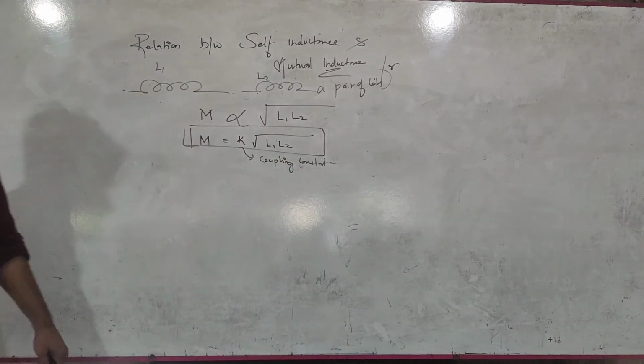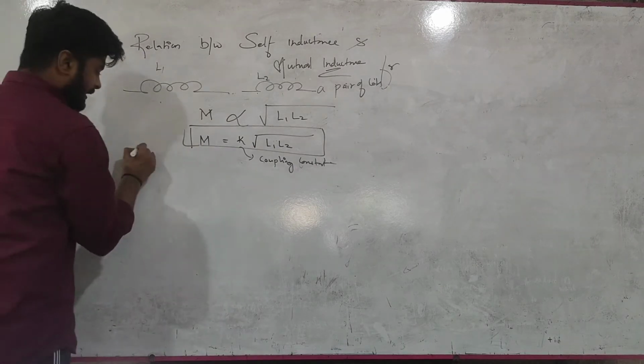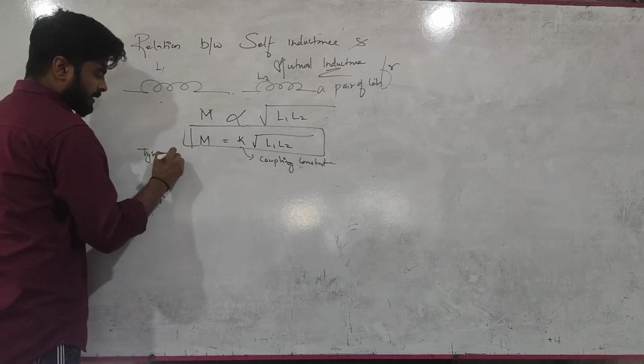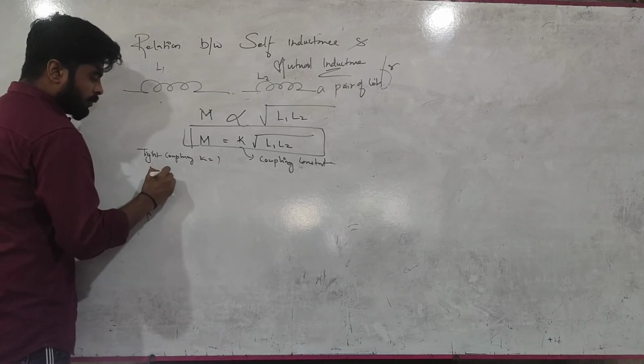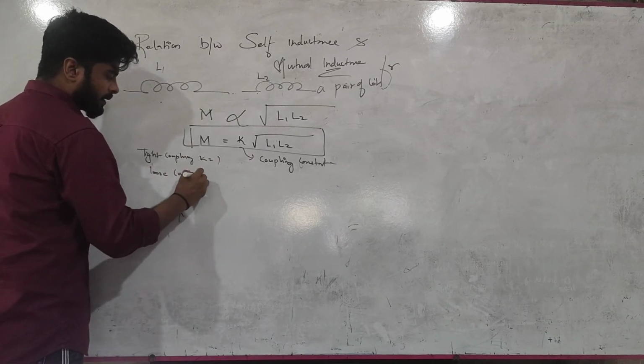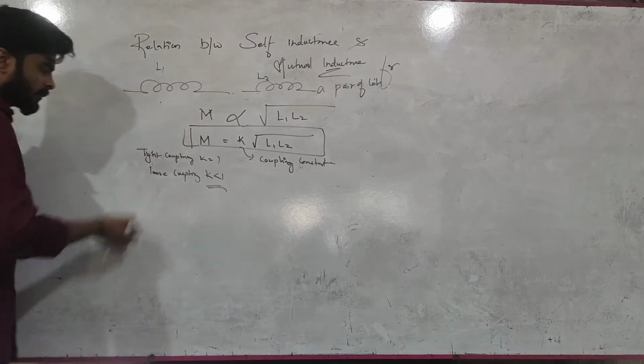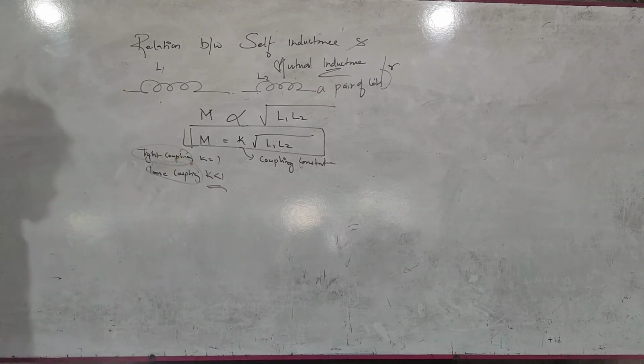Now for tight coupling, K is equal to 1, and for loose coupling, K is less than 1. Now the question is, what is tight coupling, what is loose coupling?